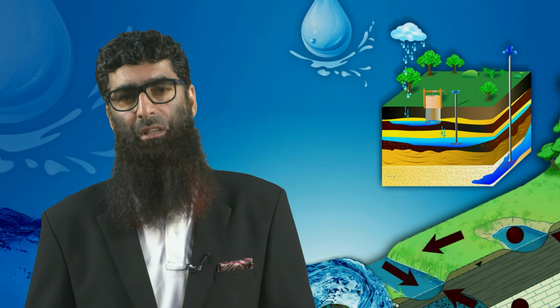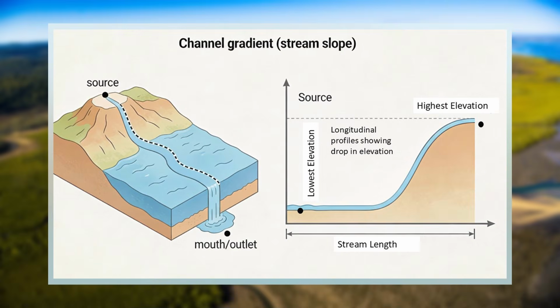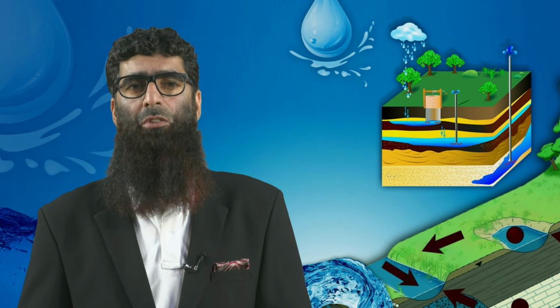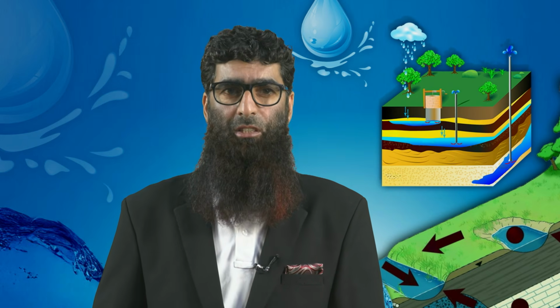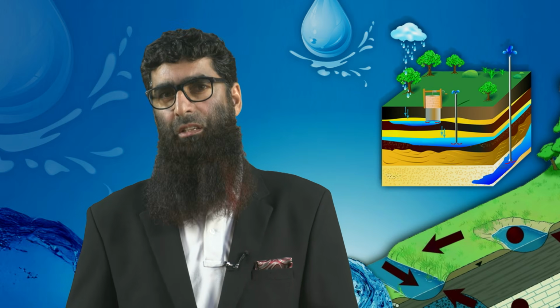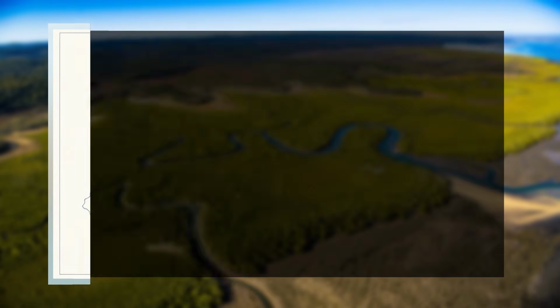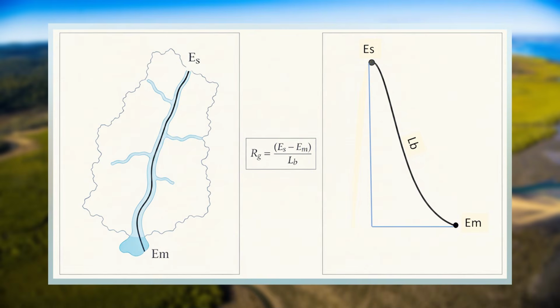For example, we measure a parameter called channel gradient. It is generally described as a drop in elevation from the source to the mouth of the master stream in a watershed. It actually is the outcome of the interaction between stream power and lithological features of the watershed. It is a dimensionless measurement and is calculated as RG is equal to ES divided by EM.